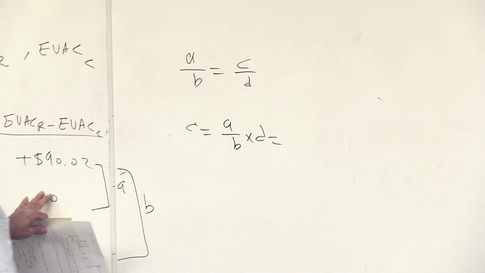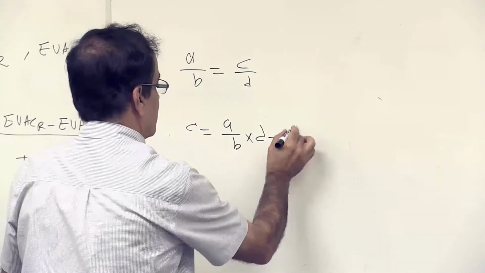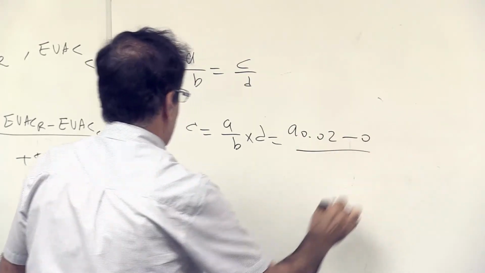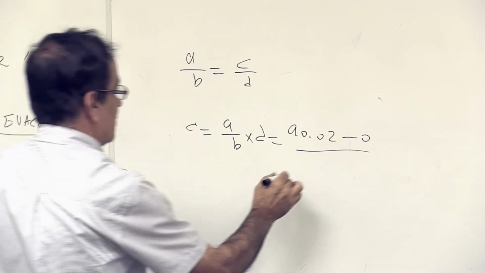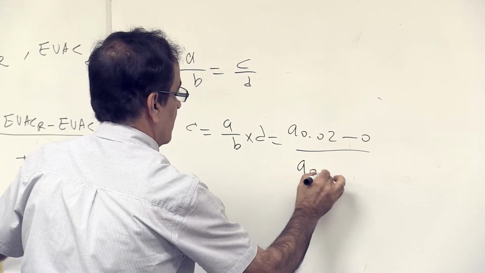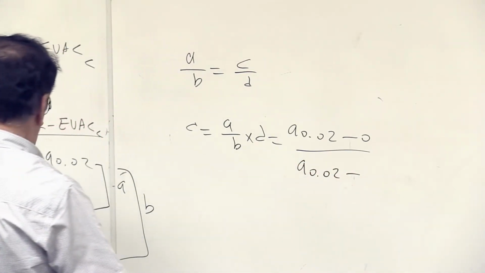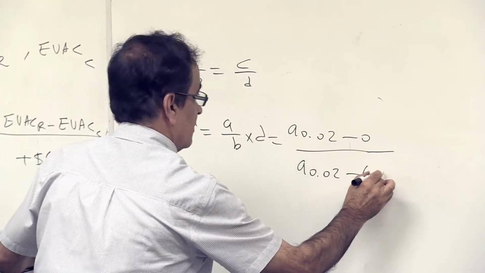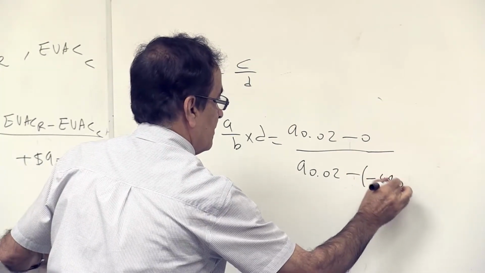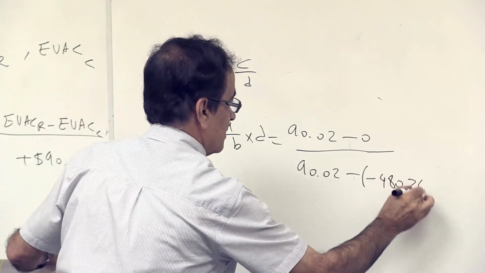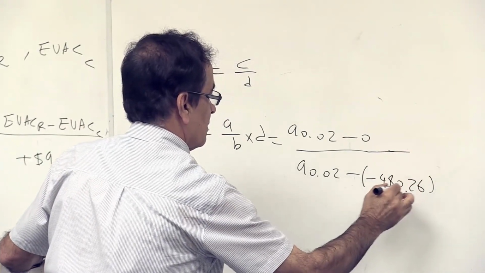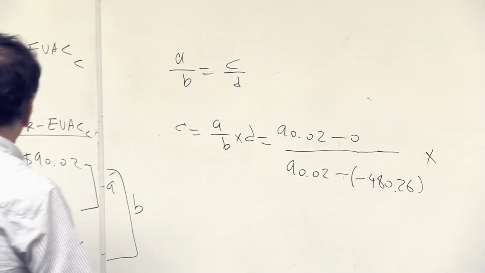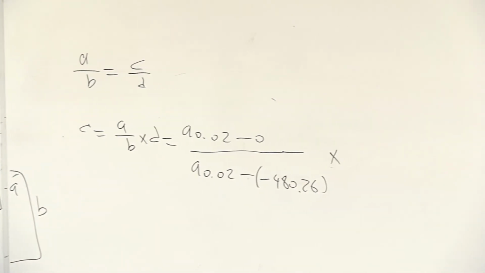Now A is the difference between $90.02 minus 0, and B is the difference between the same number and minus, make sure you put the negative sign, 480.26. That's the B value, times D, which is the difference between 5% and 6%.